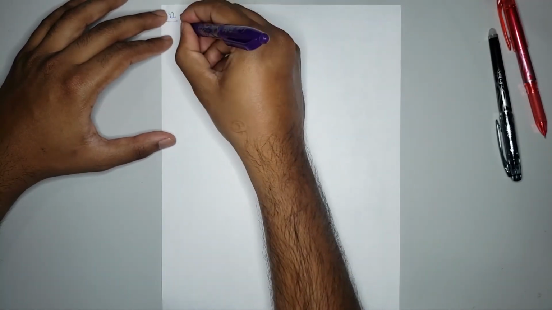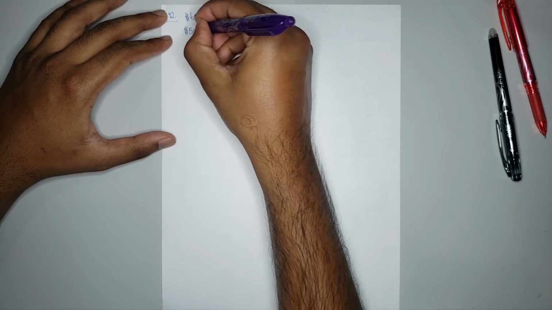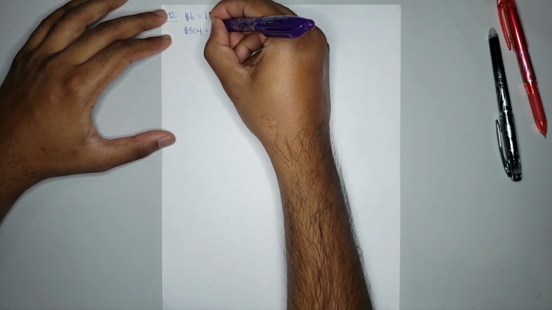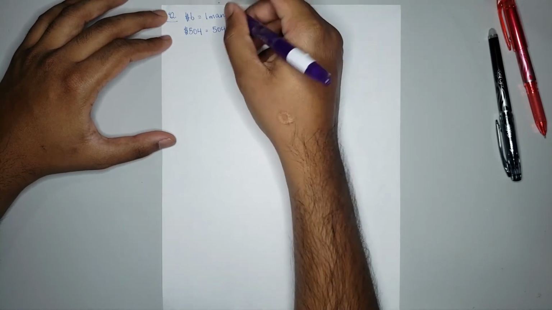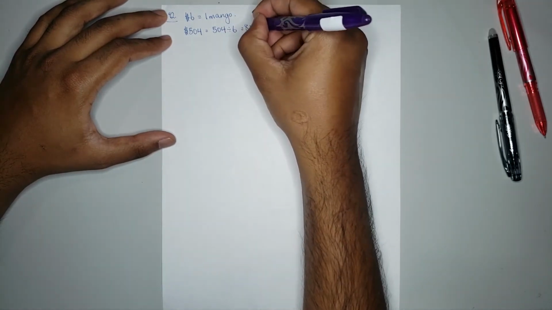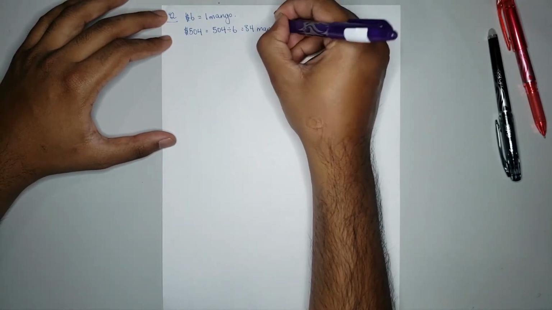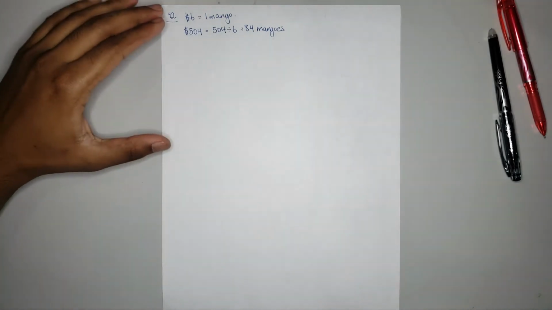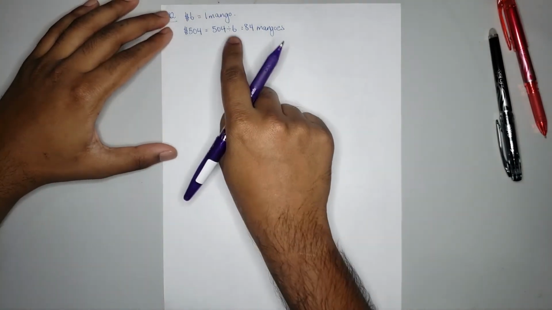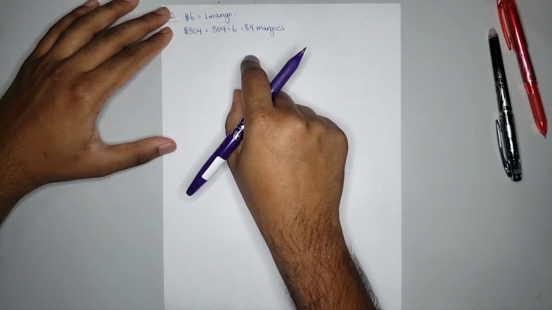Mary earned a total of $504, which is equal to 504 divided by 6, which will give you 84 mangoes. So in total, Mary sold 84 mangoes. Alright? 84 mangoes were sold.